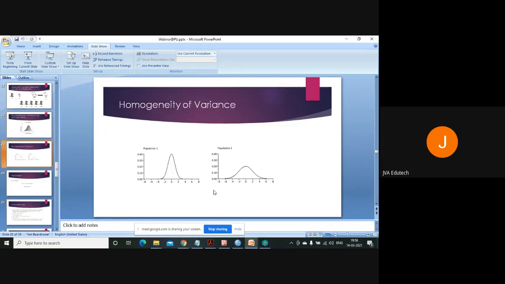Now, what is the homogeneity of variance? You see these two graphs. Both are normal distribution graphs. One graph is very steep, and another one is elongated.